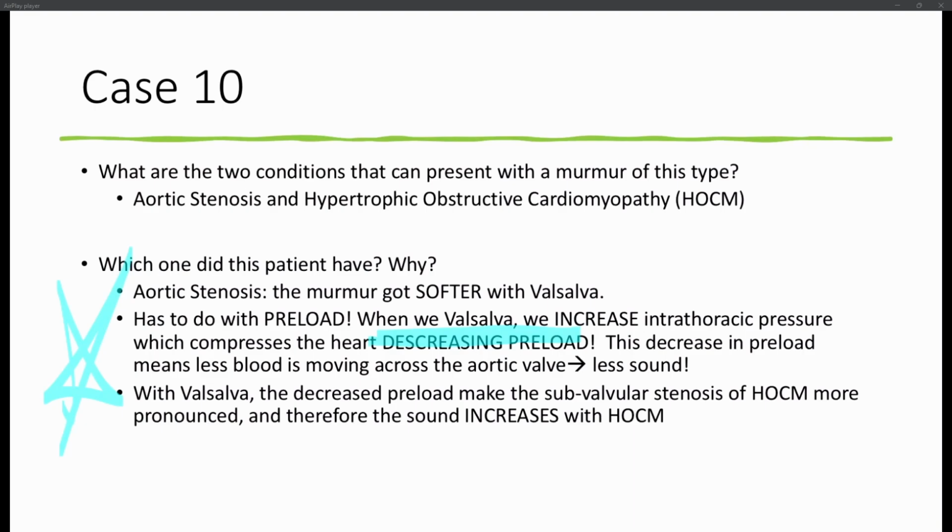Less blood going through the heart. Remember, what are murmurs? Turbulent flow across a valve. If there's less blood moving across that valve, there's less sound because there's less blood. So when you do Valsalva and that crescendo, decrescendo murmur gets softer, it's aortic stenosis because of preload changes.